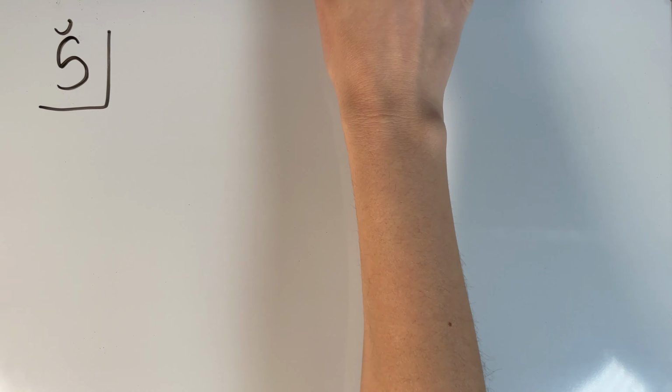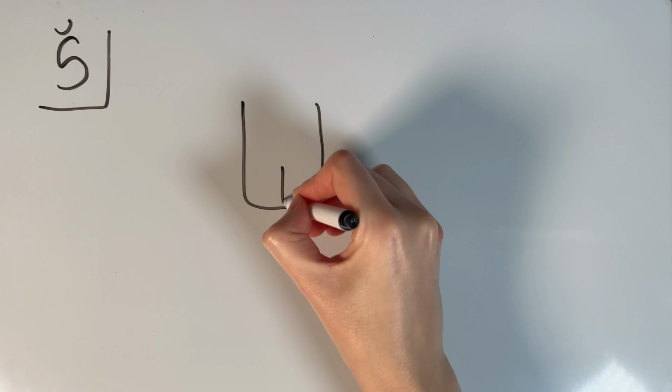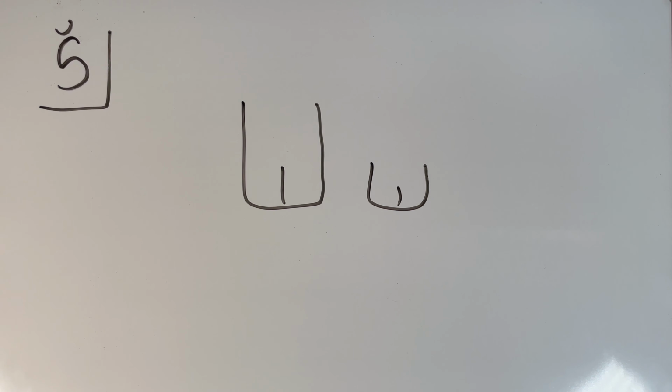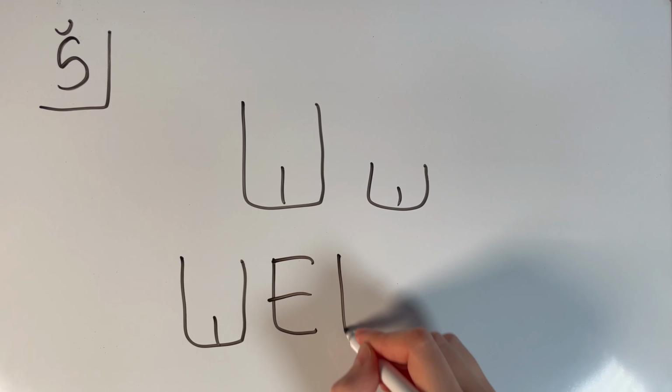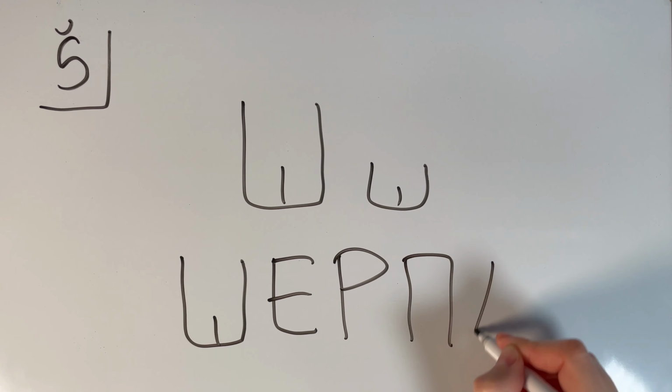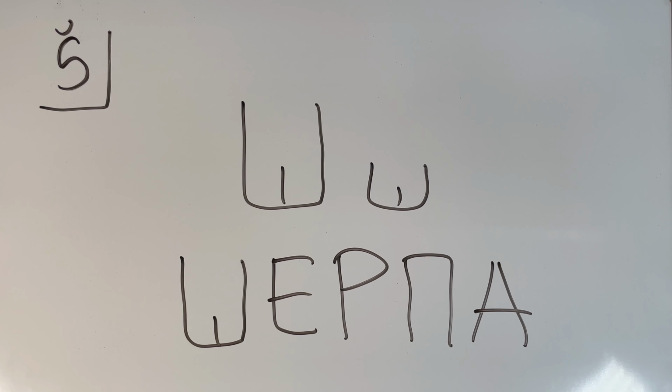And the last letter is š. It also probably reminds you of the letter psi in the Greek alphabet, but it's not exactly the same. And the example word is šerpa, which means pot, like a pot for cooking.